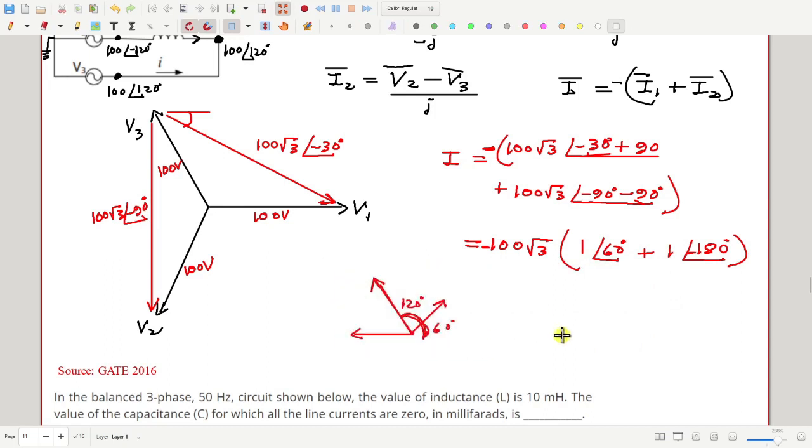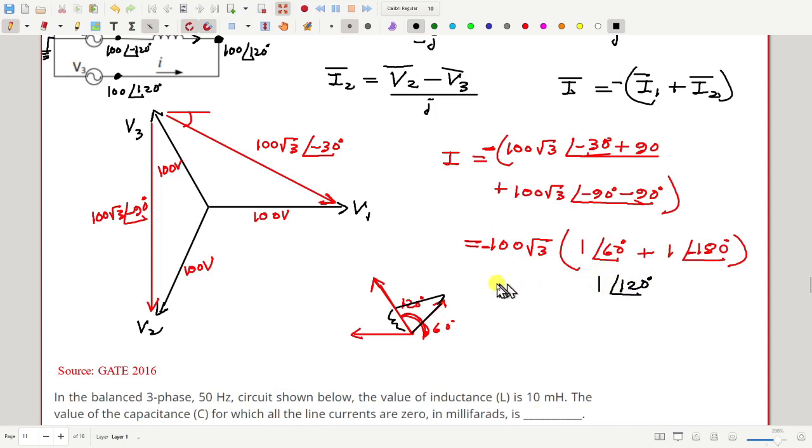If I consider this length to be 1, then the projection is cosine 60 degree. So 2 times cosine 60 is 1. So that will be 1 angle 120 degree.